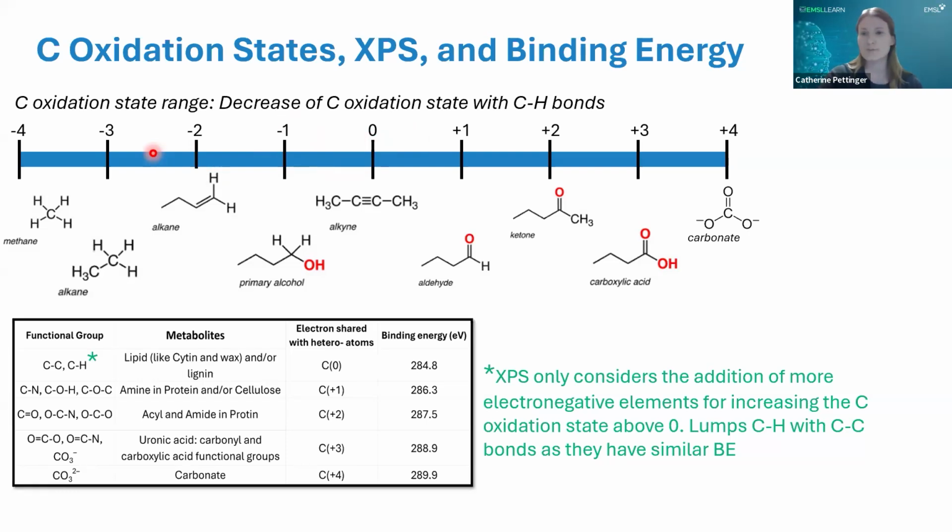So this is important to keep in mind when comparing data types: we're lumping together the carbon-carbon and carbon-hydrogen bonds due to their similarities in binding energy. The pro of what we're looking at is that we can really start to see these functional groups, oxygen additions and other electronegative elements that can increase the oxidation of carbon beyond 0.